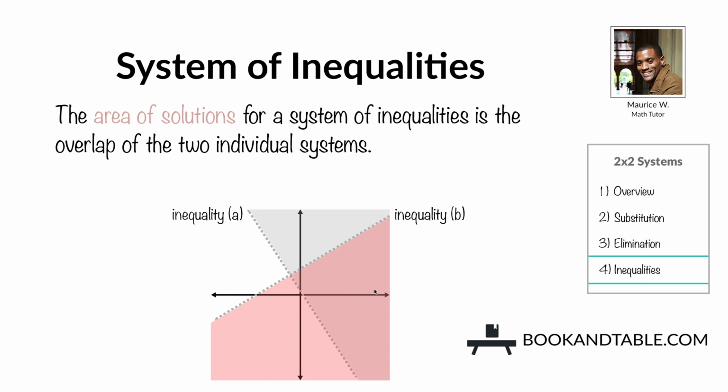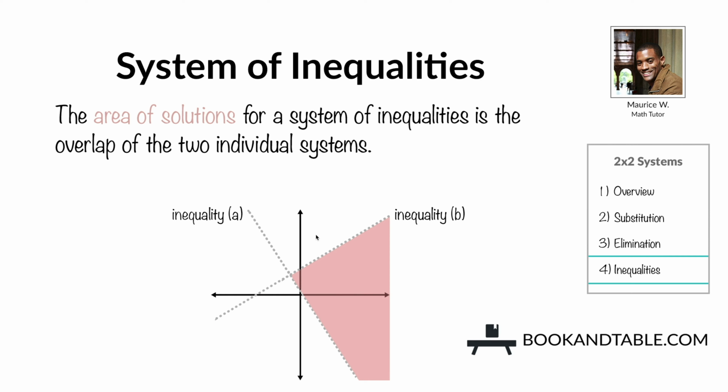The area of solutions for a system of inequalities is the overlap of the two individual systems. So the points above inequality A and the points below inequality B intersect here in this darker red pink region. So that would represent the area of solutions to this system.